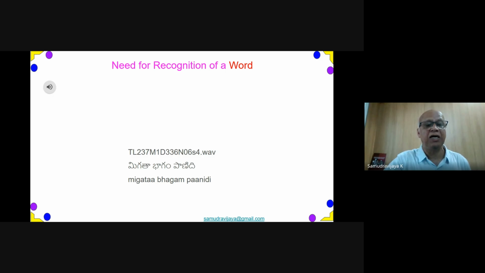And we asked one person with dysarthria, whose speaker ID is 237, to speak the sentence. It is sentence number 4, stored in a wave file. This is Telugu, therefore TL. See, the file names are informative. Its letters and digits alternate with each other. This is Telugu language.